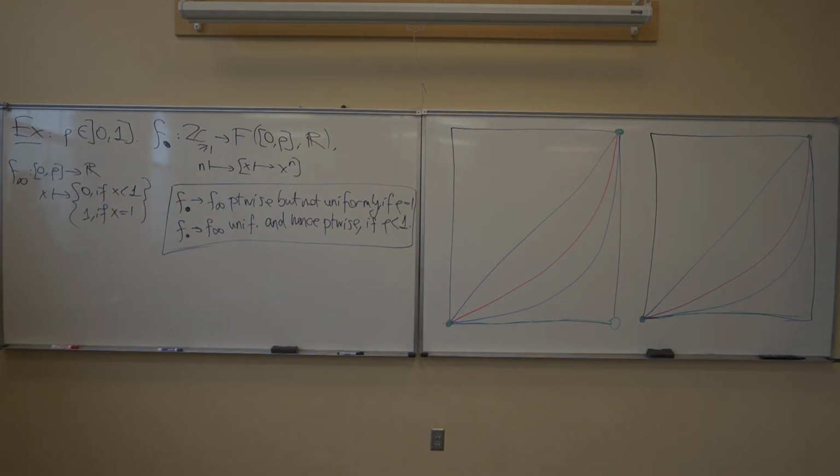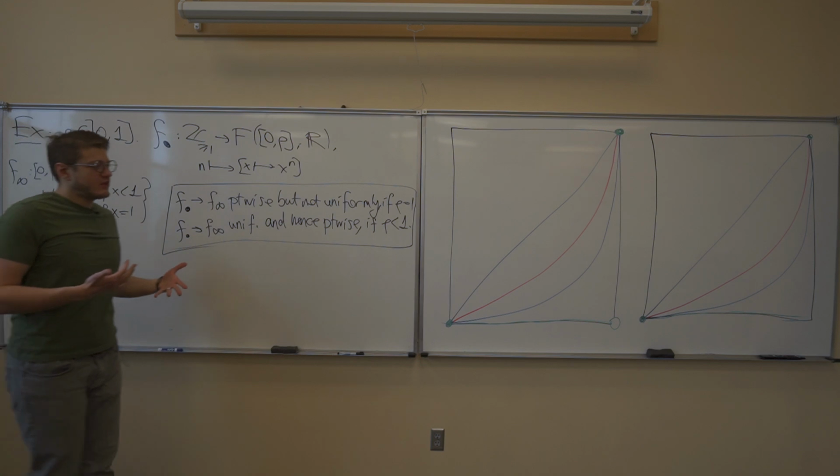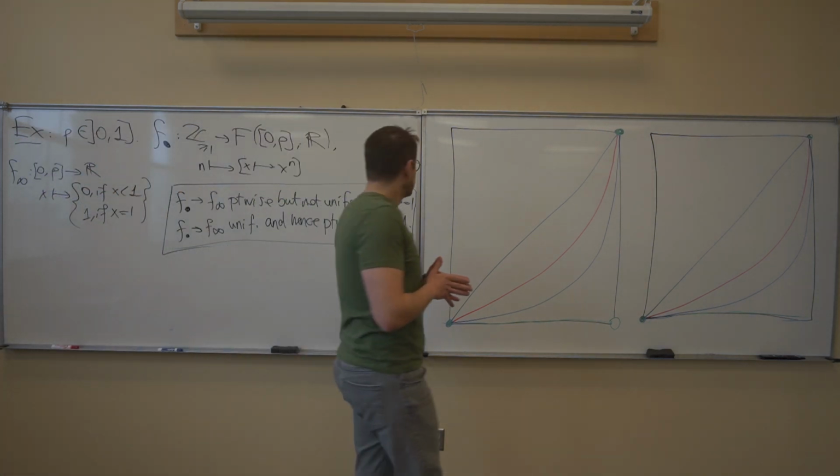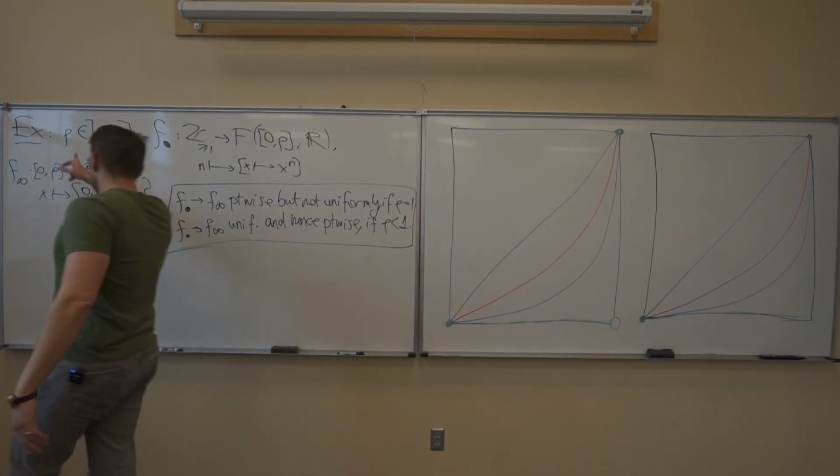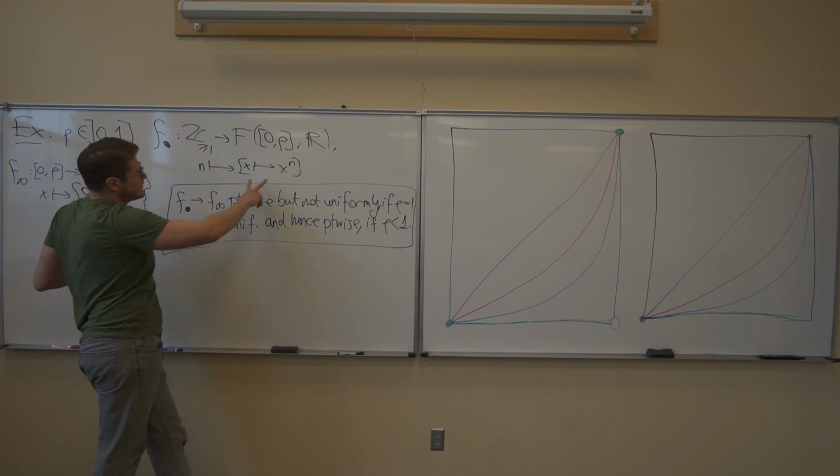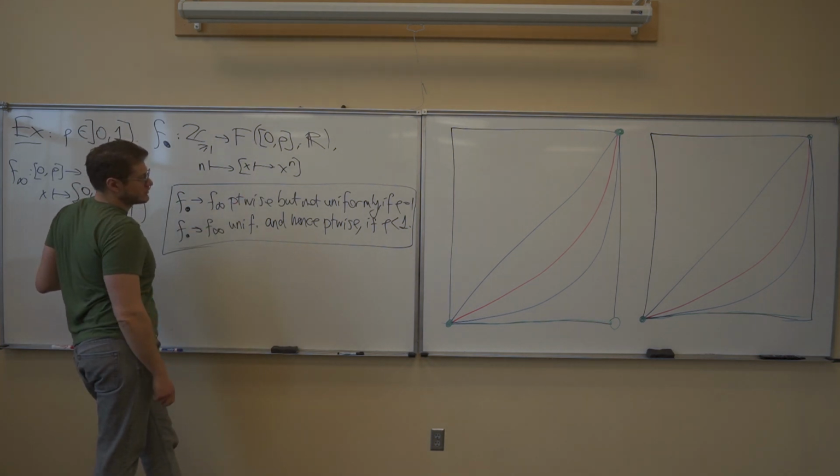But before that, this was our important example. I want to spend more time on this. So here's the situation. I take a rho. That's a parameter. It's between 0 and 1. Depending on what rho is, the behavior is going to be different. So I fix a rho, and then I define a sequence of functions, which are the monomials.